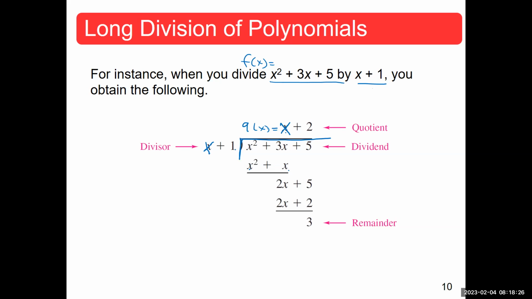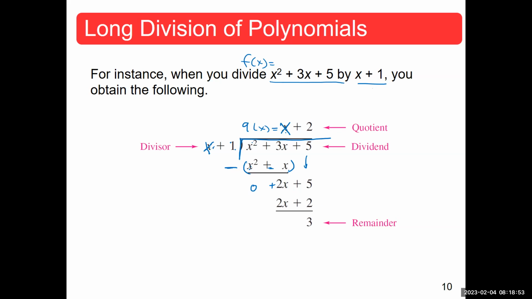By multiplying x times x, x times 1. Now you subtract: negative x squared minus x squared is 0. 3x minus x, you get 2x. Bring down the 5, you get 2x plus 5.